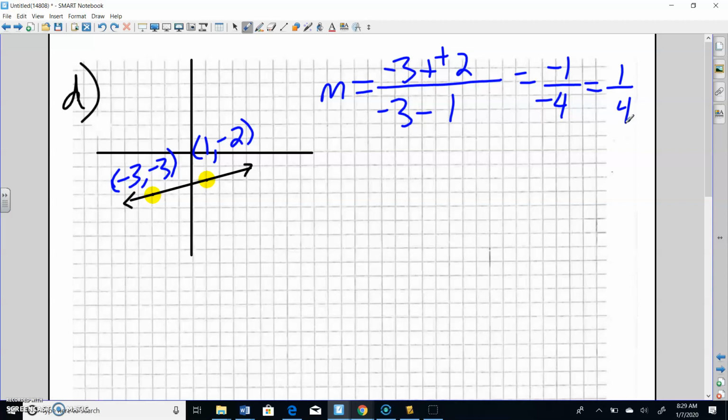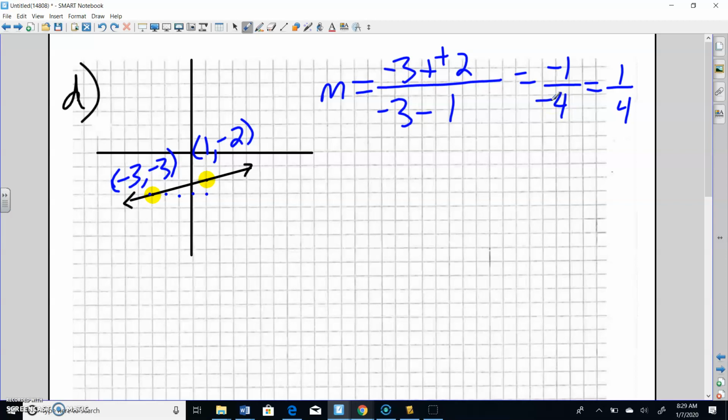Okay, if we did it using the graph, I could use this point, and I would have to go down 1, so that would be a negative 1 on top, and then left 4, that's a negative 4 on the bottom, and negative 1 over negative 4 is 1/4. Or up 1, right 4, same thing, 1/4.